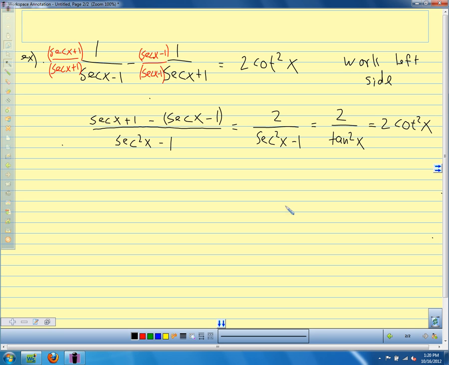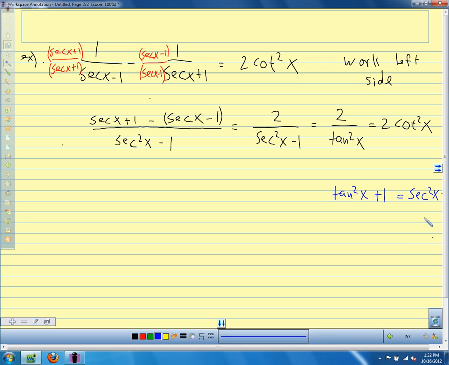Questions on that one? Yes? So how did you go from secant squared x minus 1 to tan? I have on the upper right side, on my identity sheet, an identity that says tangent squared x plus 1 equals secant squared x.